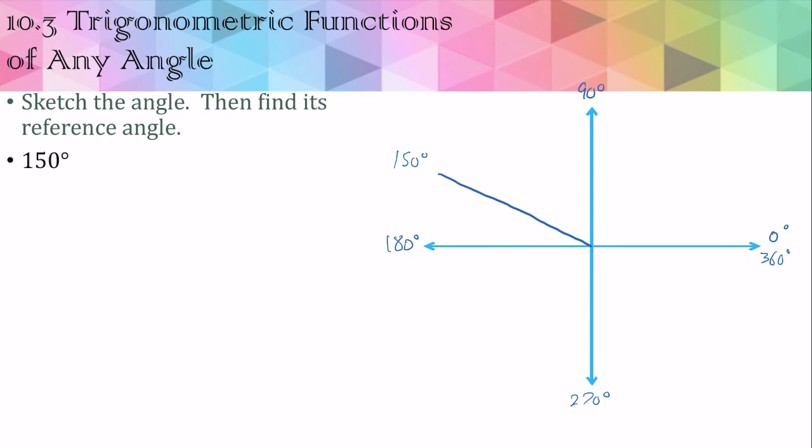The reference angle goes between that and the nearest x-axis, so that is the reference angle. To find its size, it's just the difference of our two marks. So it'd be 180 minus 150, just 30 degrees. So our reference angle is 30 degrees.